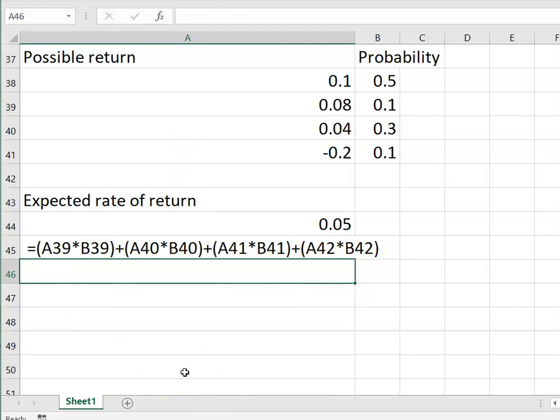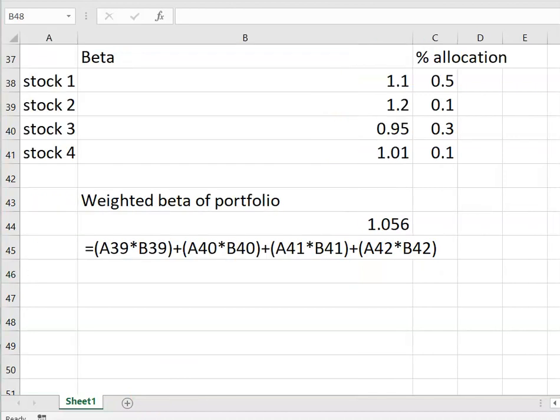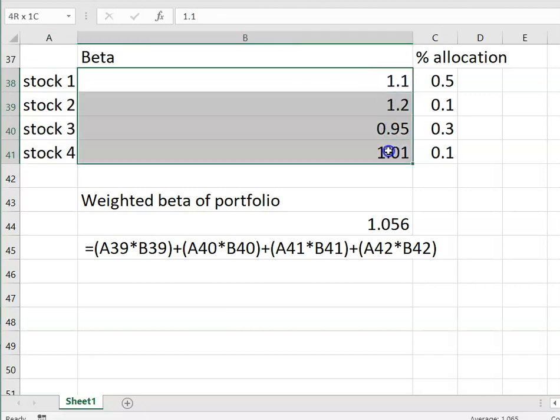Let's take a look at the weighted beta. Let's suppose we have a portfolio that has a lot of different stocks. What's the beta of that? Okay, here I set up an example of doing a weighted beta. So I have a portfolio that's got 4 stocks in it. These are the betas of those 4 stocks.